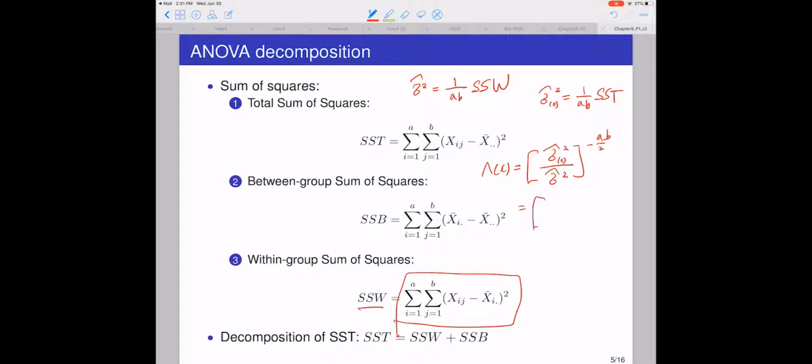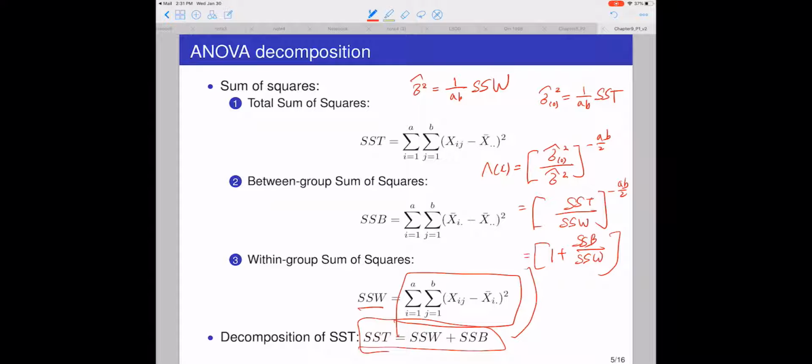That means the AB cancels out, and you have SS within over SST. But we can show that SST is SSB plus SS within, so 1 plus SS within plus SS between, because of this.